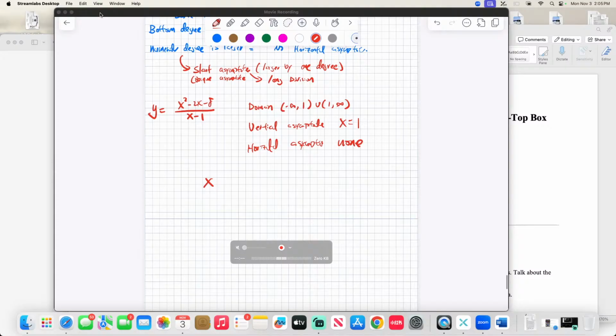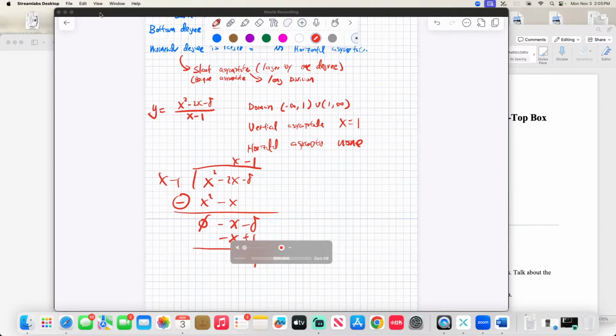I'm going to take x squared minus 2x minus 8, and I'm going to divide this by x minus 1. That's x squared minus x. That's going to be a minus sign. This is 0. This is minus x. Minus 8 minus 1, so it'll be negative x plus 1, and that's equal to negative 9, I believe.